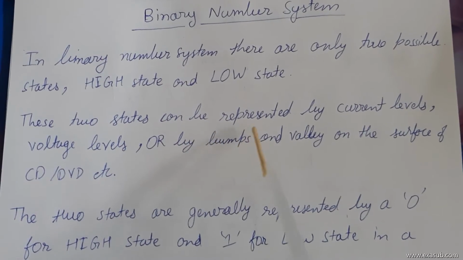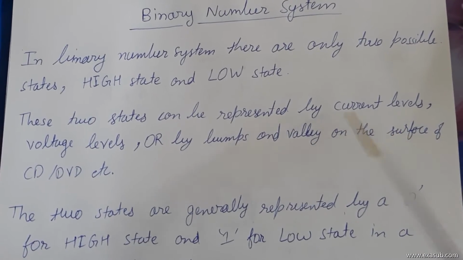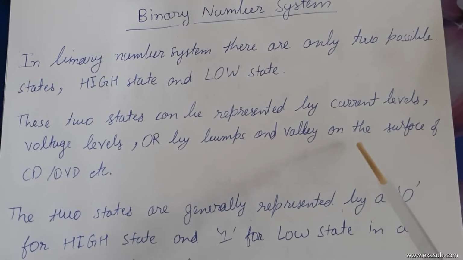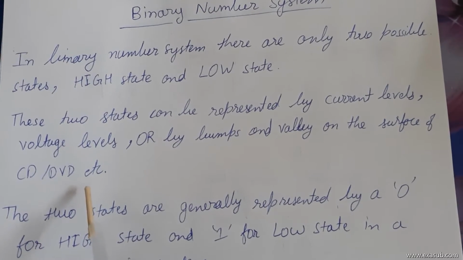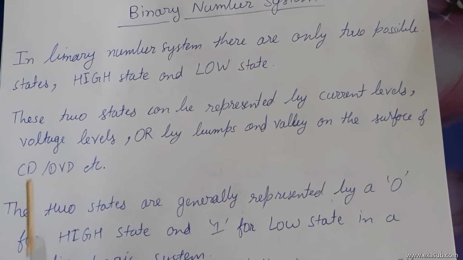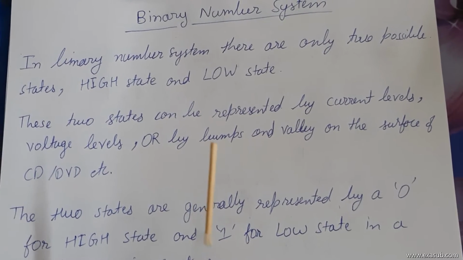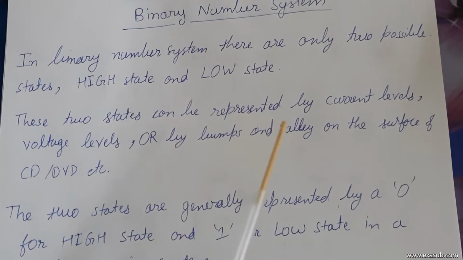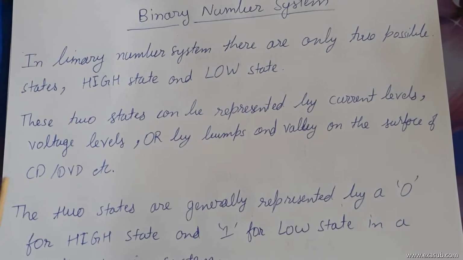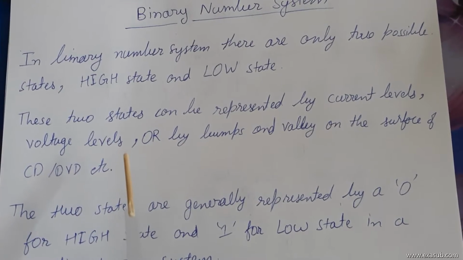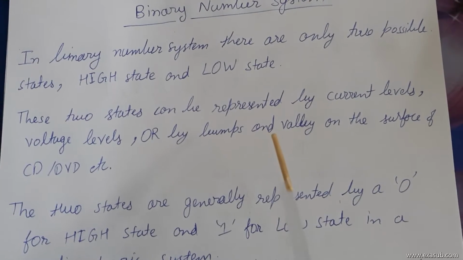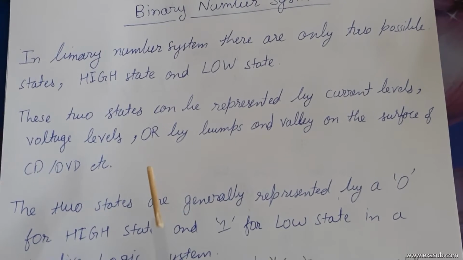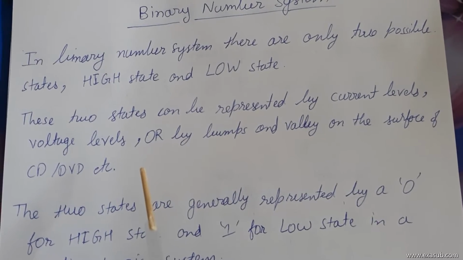These two states can be represented by current levels, voltage levels, or by bumps and valleys on the surface of DVDs and CDs, or on old record players.